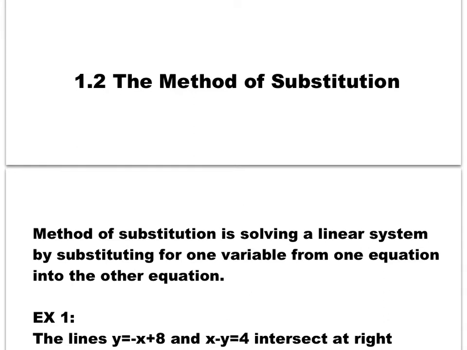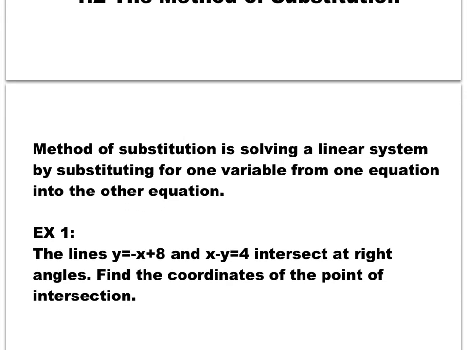And then you can go back to either one of the equations that you have and evaluate the other variable. The method is easily understood with examples. So let's start doing a few examples.